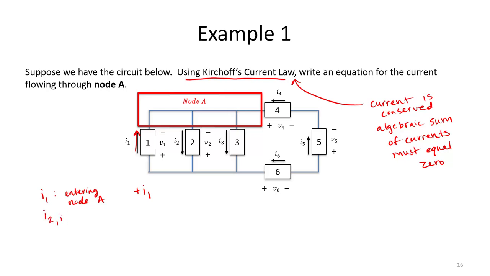I2 and I3 are leaving node A. So we write minus I2 minus I3. Finally, we have one more current, I4, which is entering. So we give I4 a positive sign. Those are all the currents that are entering or leaving node A. Just those 4.